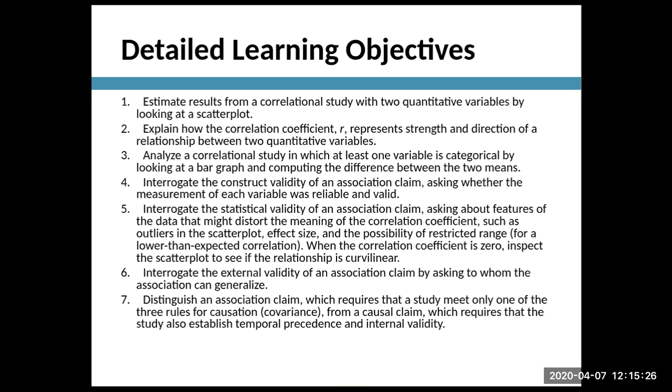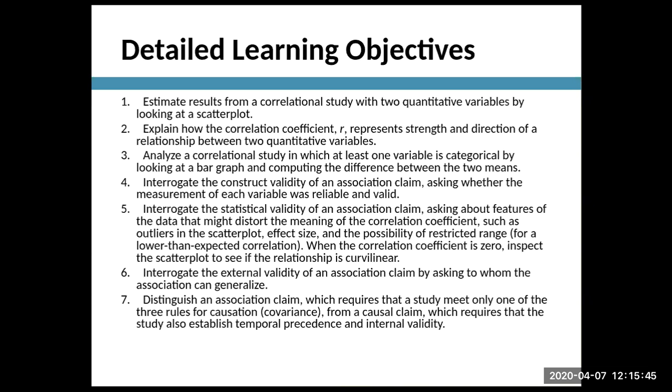Now, we can't have 2 categorical variables, but we can have one categorical variable and one measured number variable. And we can do that by using a bar graph. If it's 2 measured variables, then we would use the scatter plot as usual. You'll see what I mean.